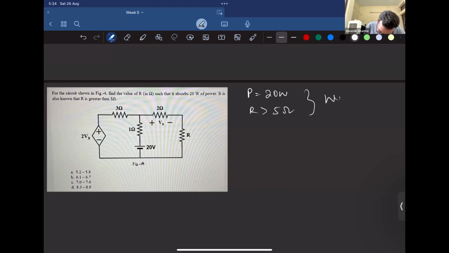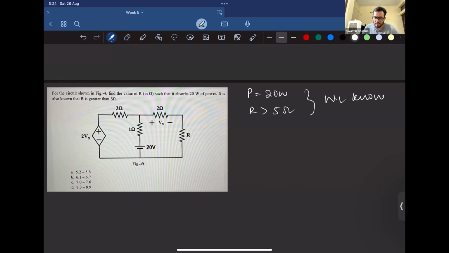We need to find the value of R. So how can we find it? We can convert it into a Thevenin circuit and then find the value of power.